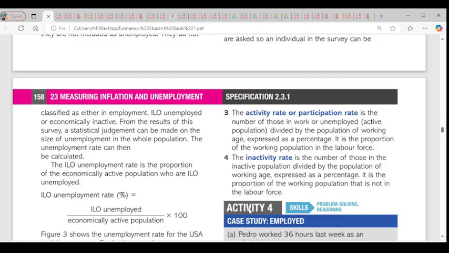The last one is the inactivity rate: the number of inactive population, students, disabled, parents that take care of the children, divided by the working age population, from 16 to 65, multiplied by 100. Is it clear? Mm-hmm. Any question about that?